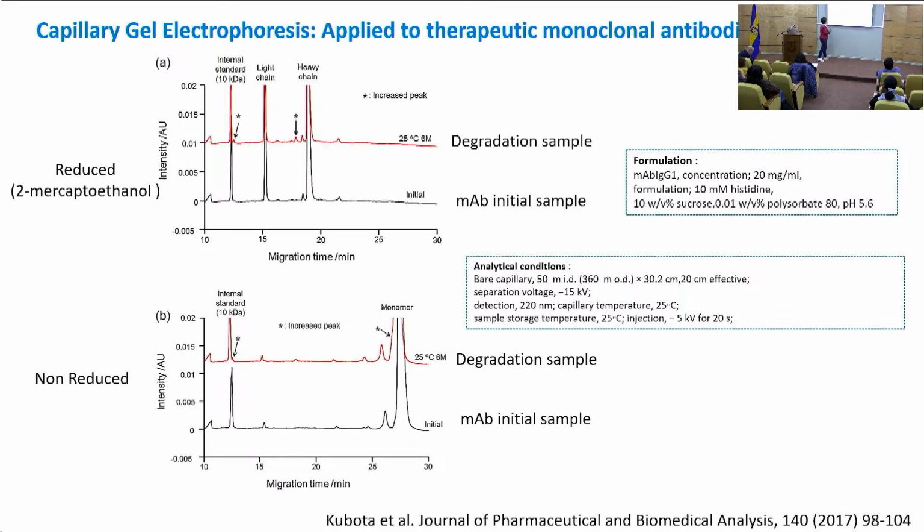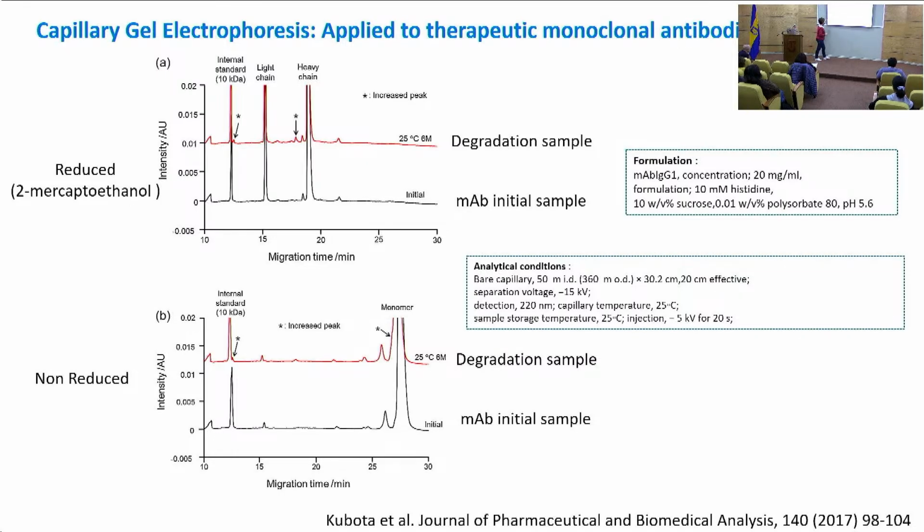The mAb has also been submitted to degradation: it was kept during 6 months at 25 degrees, and you can see small degradation here. So we see that the method is able to highlight degradation. That's when the mAb was reduced to separate light chain from heavy chain.